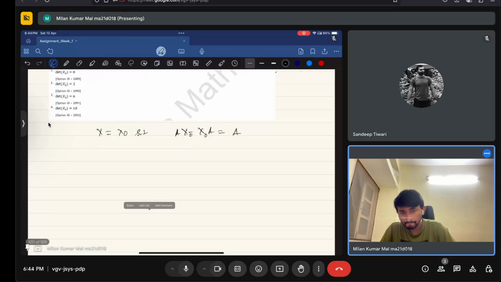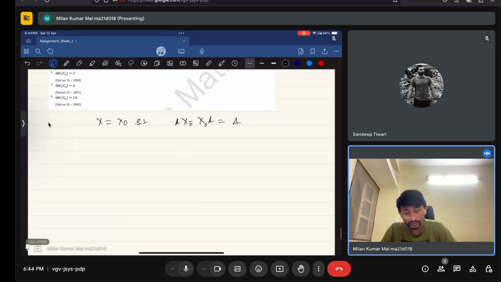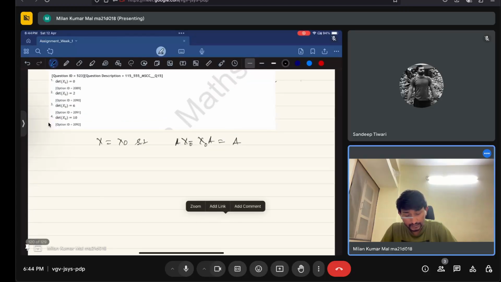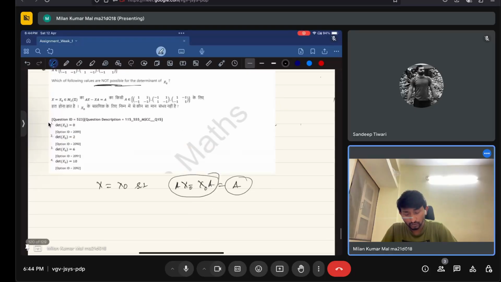One thing is clear: if this is the case, the diagonal of A should be 0.